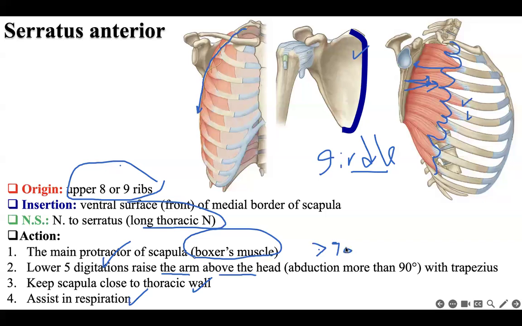We have degrees in abduction of the shoulder from 0 to 15, from 15 to 90, and above 90. Above 90, we have two very important muscles to put the hand above the head: trapezius and serratus anterior. Which muscles put the hand above the head, meaning abduction more than 90? Serratus and trapezius.